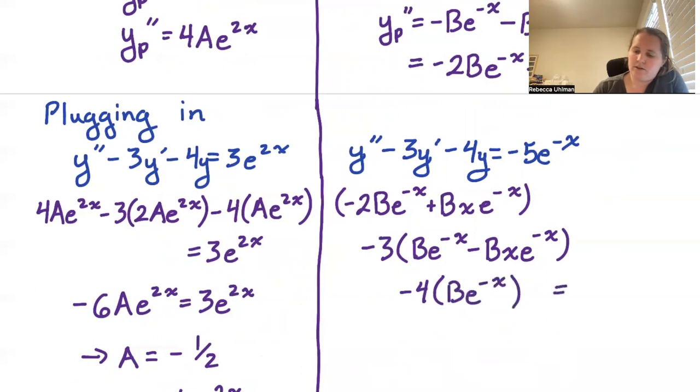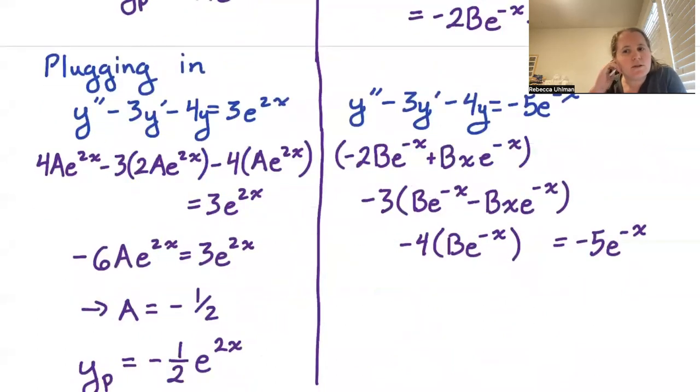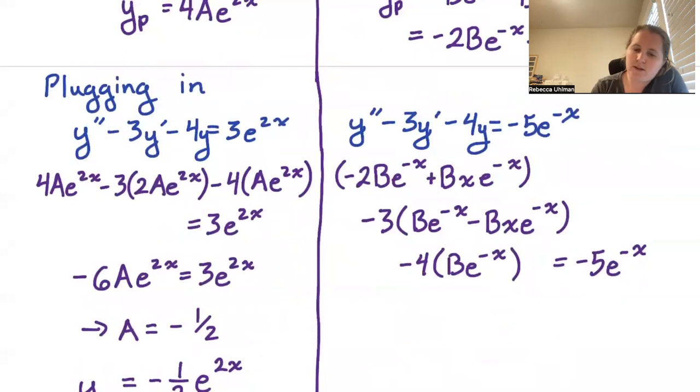And all of this should equal negative 5e to the negative x. So our highest order terms should cancel out. Oh, sorry, this should be a minus 4 times bx e to the negative x. My initial yp had the x inside of it.